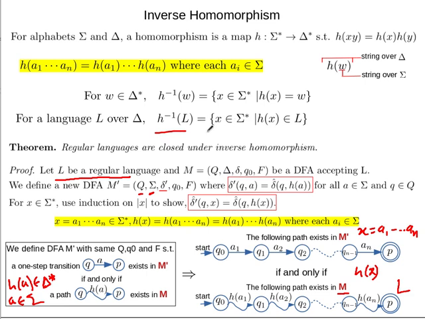We need to prove that h of x is in L, which is L of M, if and only if this x is in L of M prime. If we can prove this, it means that this L of M prime is actually H inverse of L, right?